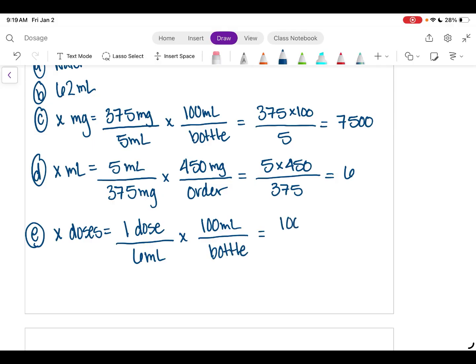Right, 100 divided by 6. 16.66. Right, it keeps going. So rounded down to the nearest whole number, right? There's 16 full doses in the bottle. Okay.